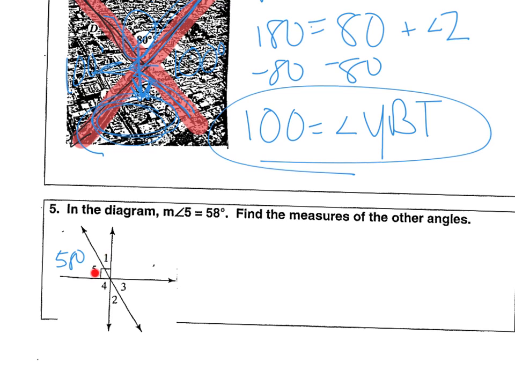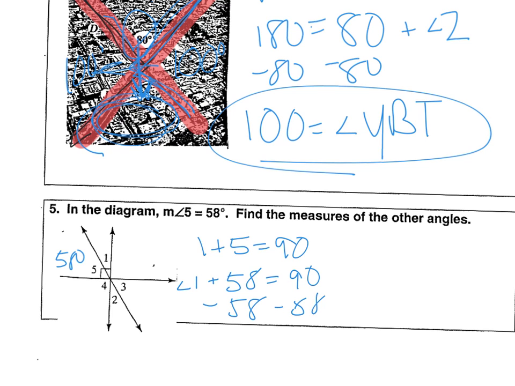So angle 1 and 5 are complementary. So if we know that 1 and 5 equals 90 degrees, and we know that 5 is 58 degrees, then we can subtract that from 90 to get the measure of angle 1 is going to be 32.